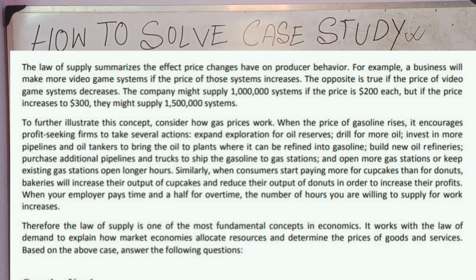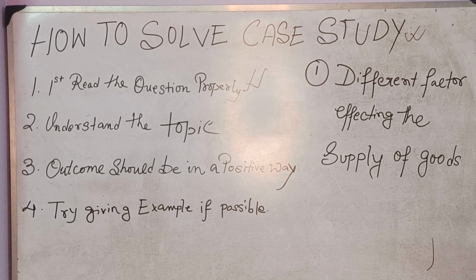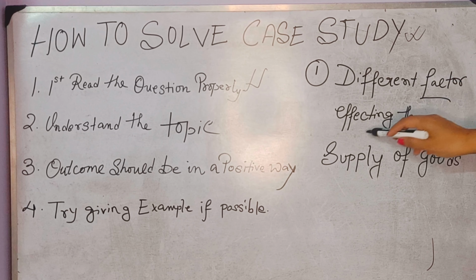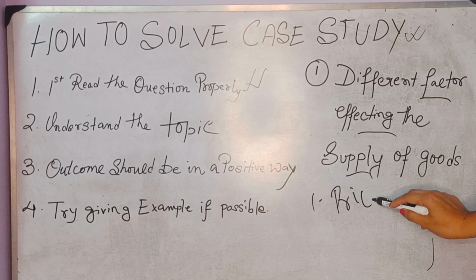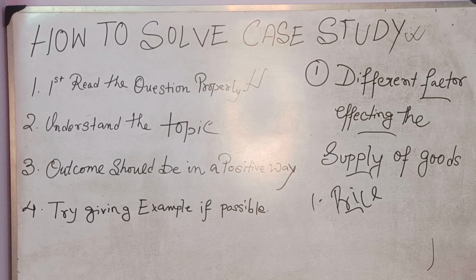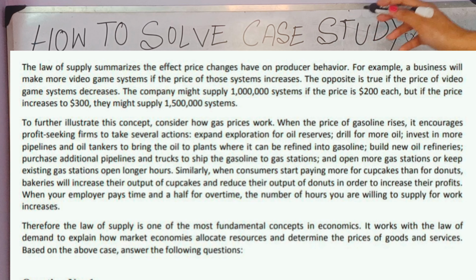That is the first point. So the first factor that is affecting supply is price. And from our book also, if we have learned what the factors affecting supply are, we will get a point like price which is affecting supply.